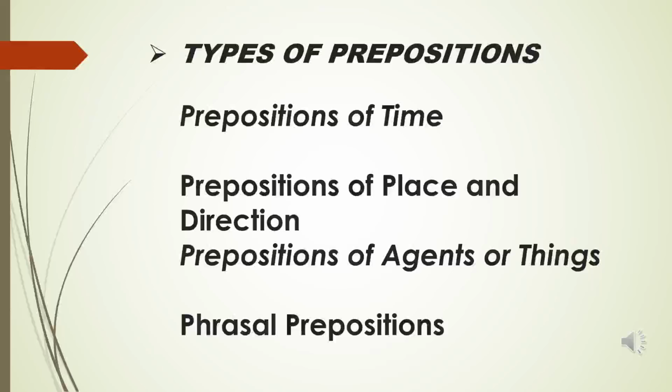Prepositions of time show the relationship of time between the nouns to the other parts of a sentence. On, at, in, from, to, since, ago, before, till, until, by are the most common prepositions of time. Prepositions of place show the relationship of place between the nouns to the other parts of a sentence.